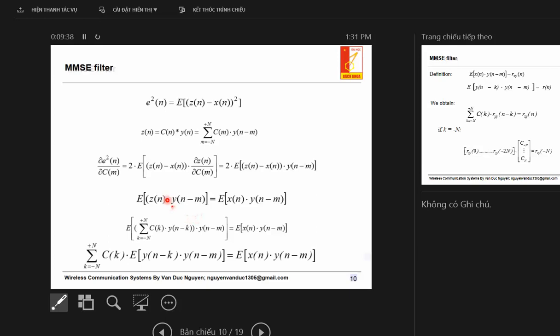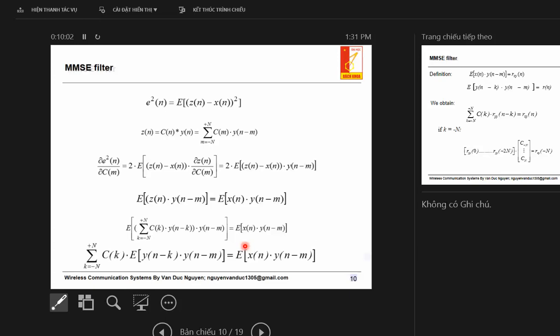So in this term, replace z_n by using this relation in the condition of the derived equation here. So we have this relation. The next step, the next output, you have some relation.